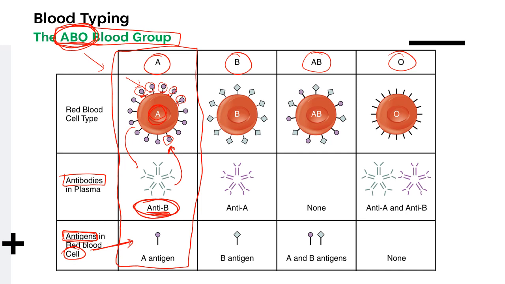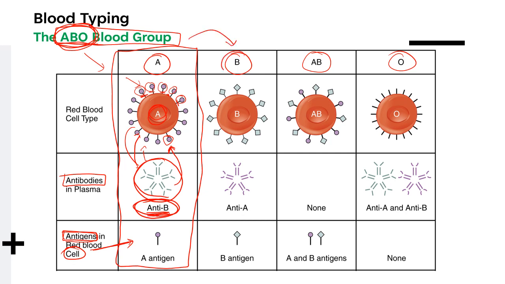In order for this antibody to react, you will have to have this specific shape or this specific antigen. So a person who has A blood will have in their plasma anti-B antibodies that will not react against themselves, right? So this person will have blood A and will have anti-B antibodies.